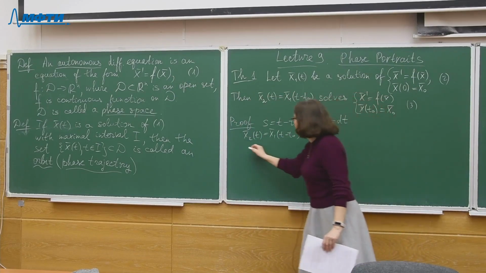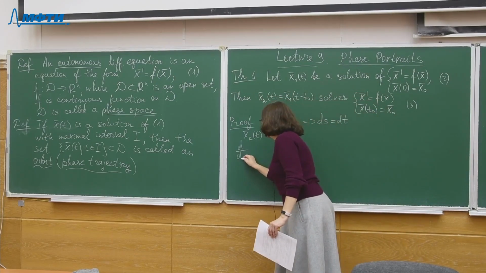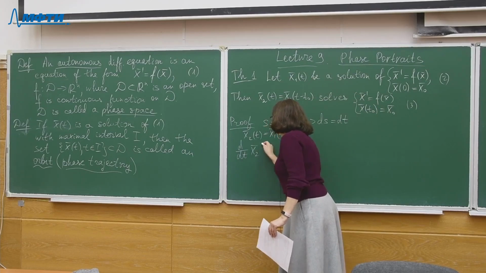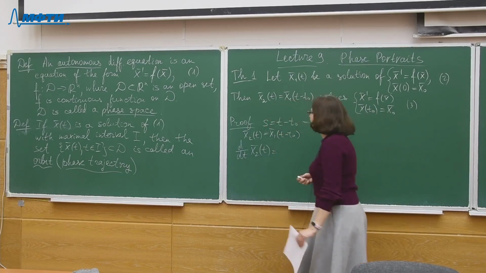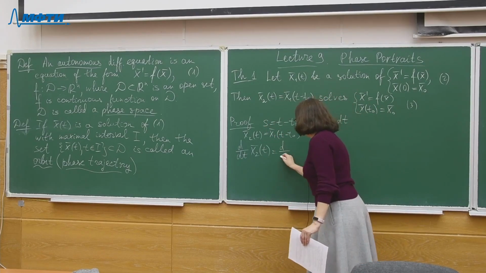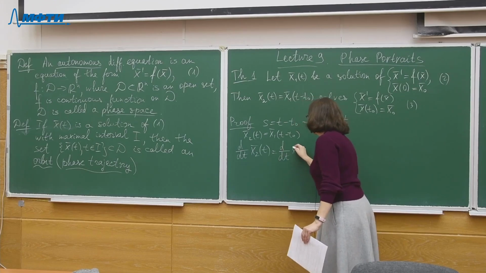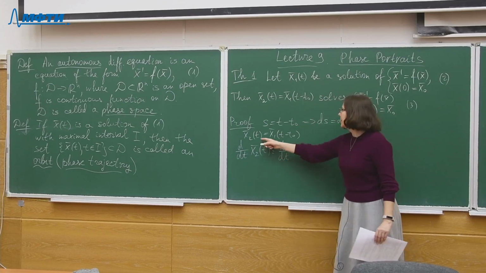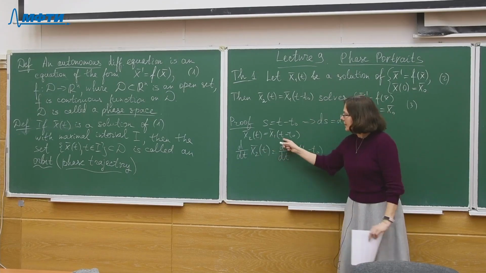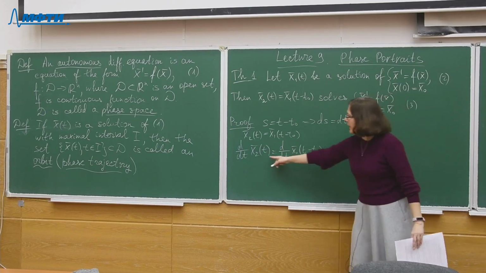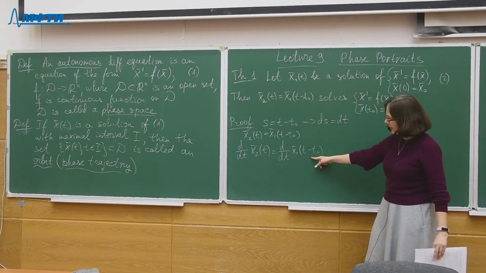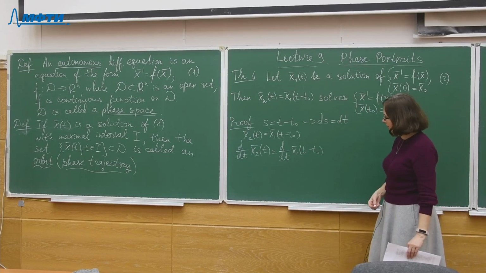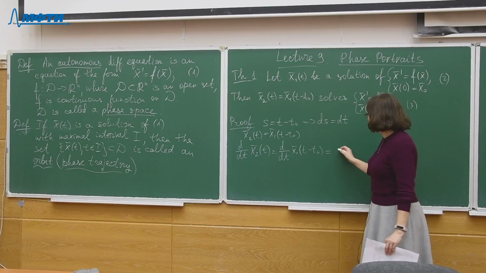Let's differentiate. So d over dt of x2 of t is equal to d over dt of x1 of t minus t0. I have substituted, by definition, x2 of t is the same as x1 of t minus t0. Then let's make a change of variable.